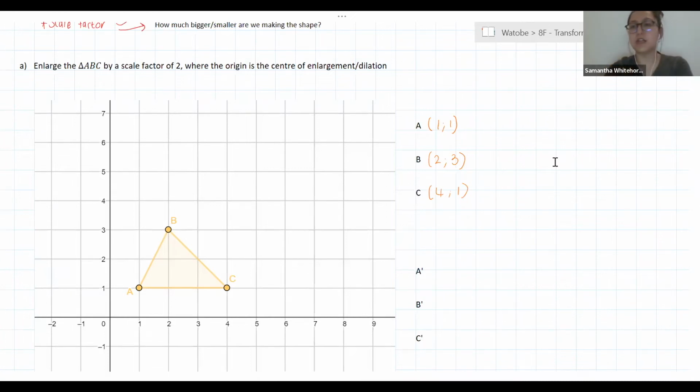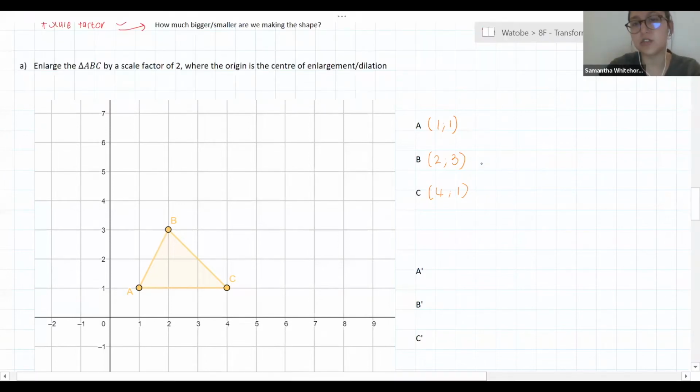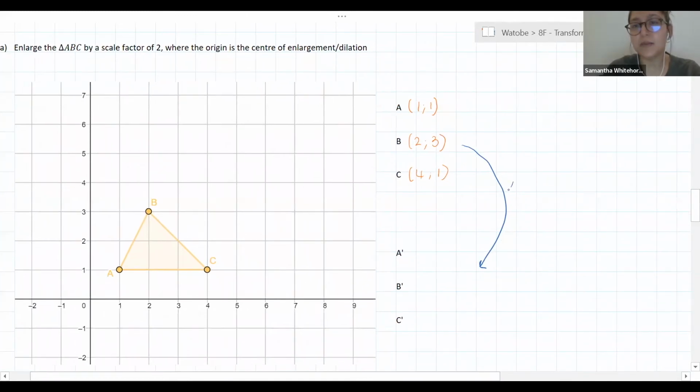Okay, now the little trick that we use when we want to get our bigger shape or our smaller shape is we times all of the coordinates by the scale factor. So if I now want to get to the new coordinates, I'm going to multiply the X and the Y coordinates by the scale factor.